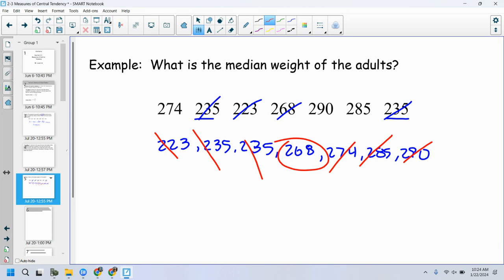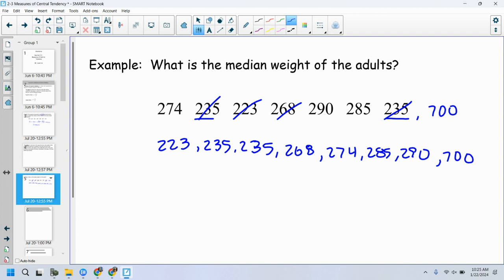If I were to add in another piece of data, say now think about this. Okay, what's the median weight of the adults? What if I added in one more person that weighs 700 pounds?